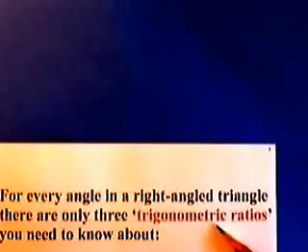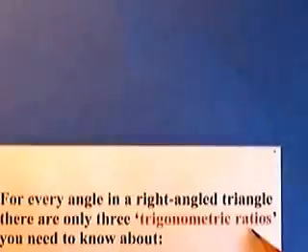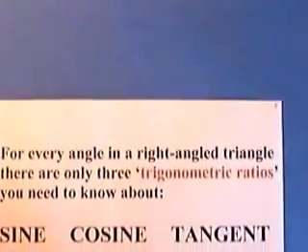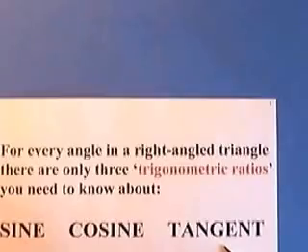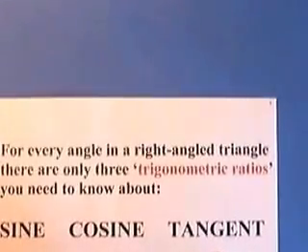Trigonometric just means related to trigonometry. Don't worry about the meaning of these 2 things. It will become apparent in a second. But there are only 3 trigonometric ratios that you need to know about, and they are sine, cosine and tangent. Okay, let's get straight into looking at how sine is defined.